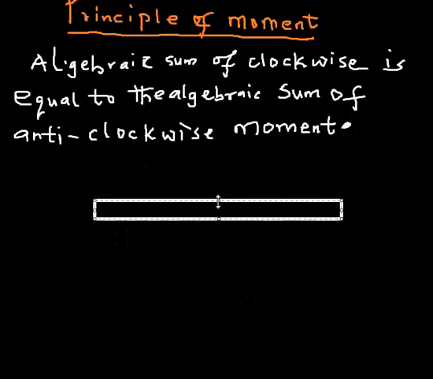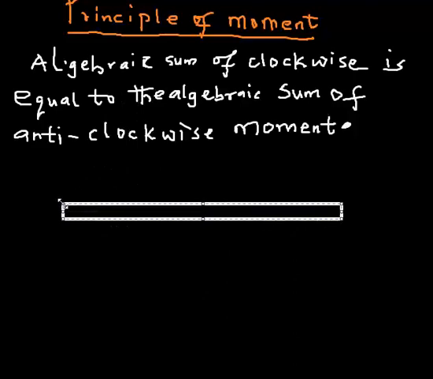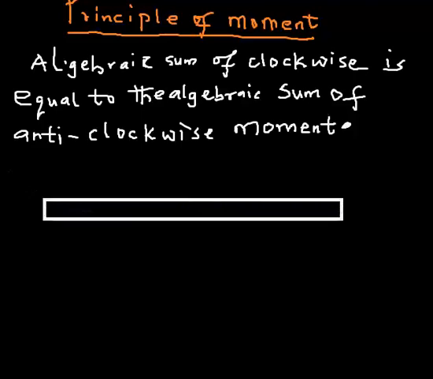Okay, so how does that actually work? I will balance this meter rule, making sure that it is balanced at the knife edge by bringing the knife edge to the center of gravity. If this meter rule is balanced, you know very well that it is at equilibrium.